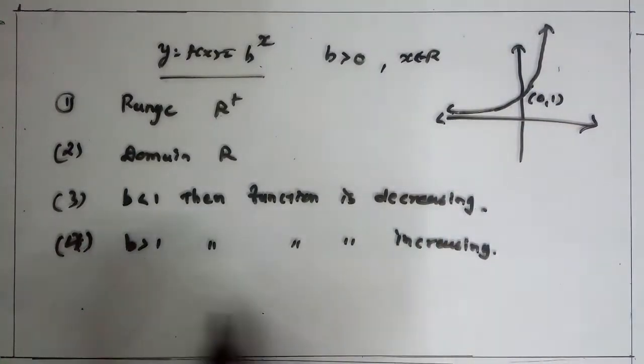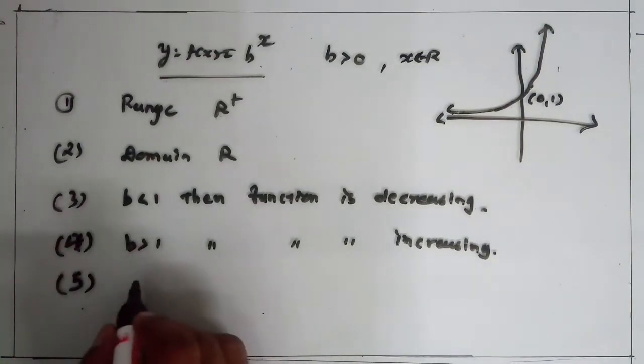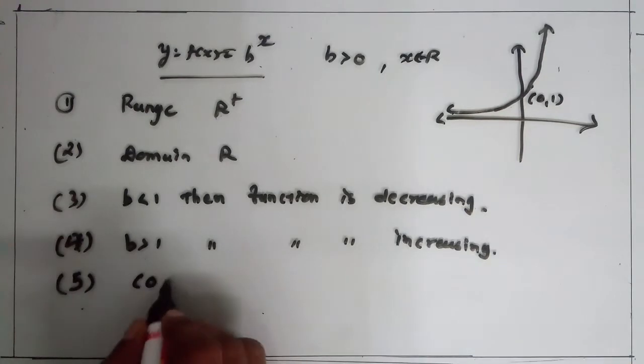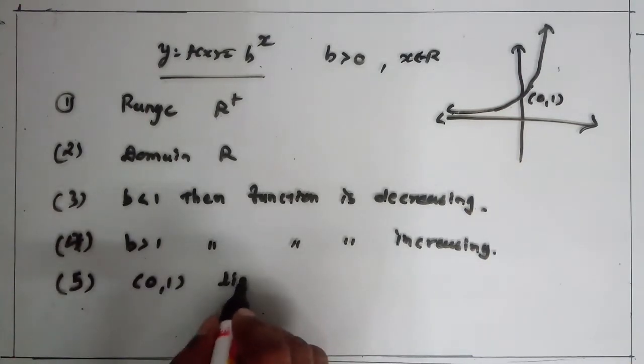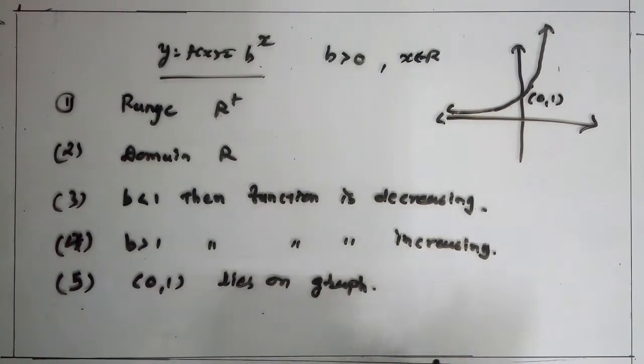Clear? So number 5: (0, 1) lies on the graph. That means the graph passes through (0, 1). Clear this? So remember all these properties.